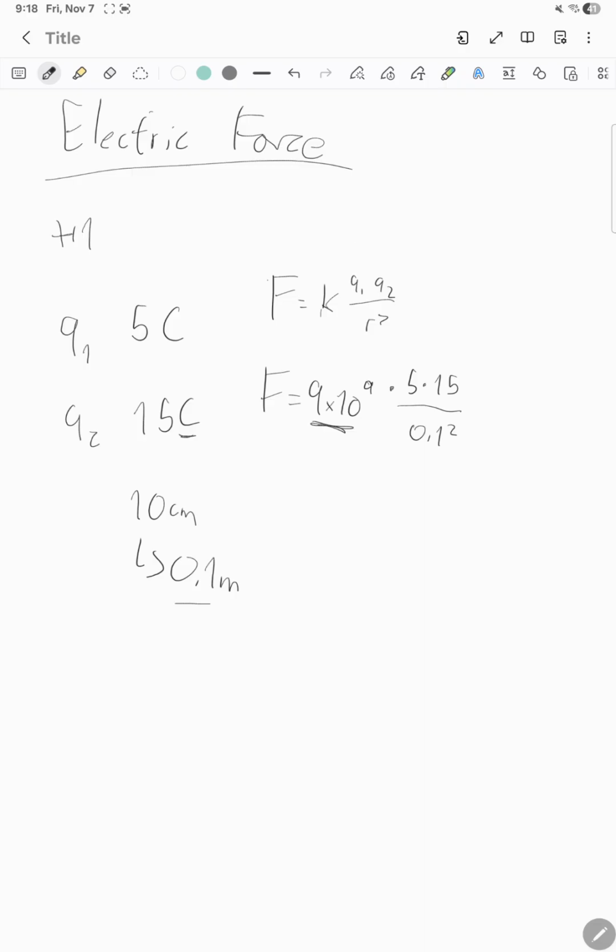And it should give you the force should be 6.75 times 10 to the 13 newtons.